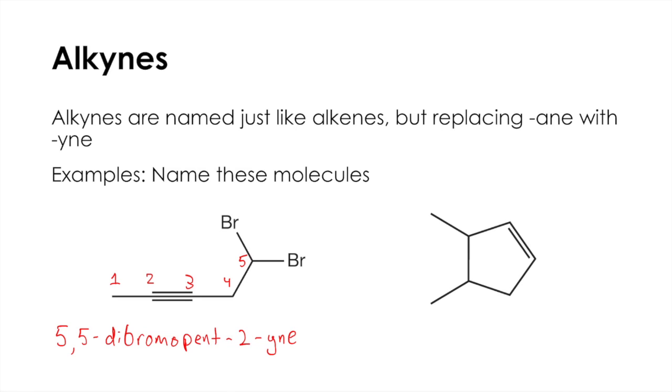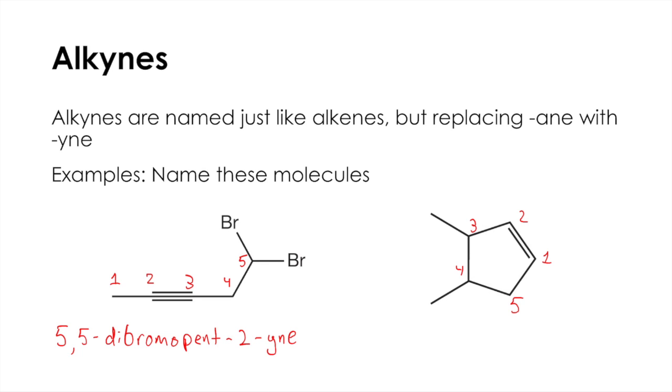So in this case, again, we want to make sure that the double bond takes precedent. So I'm going to start here. 1, 2, 3, 4, 5. Now notice, in the ring, I always put 1 on the double bond, or if it were a triple bond, I would always put 1 on the triple bond to give it the lowest possible index. In a straight chain, I don't have that option.